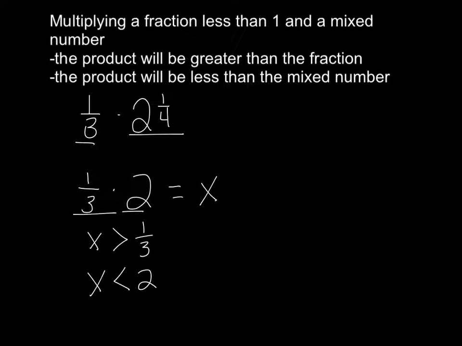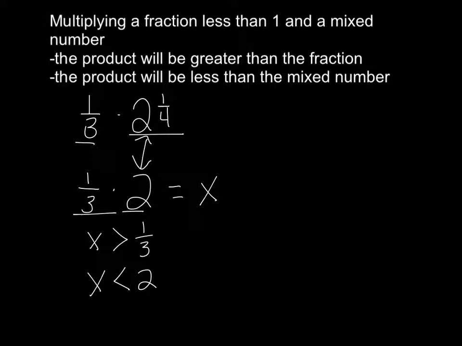We still have the first factor being something that is less than 1, and the second factor is a factor that is greater than 1. Whenever you're multiplying two factors and one of them is a fraction less than 1 and the other one is a value greater than 1, the product will be greater than the fraction but less than the other factor that was greater than 1.